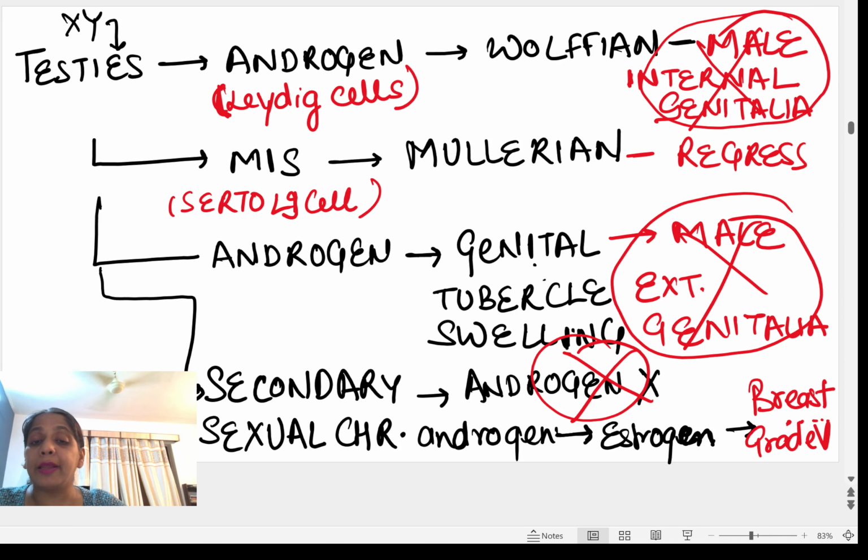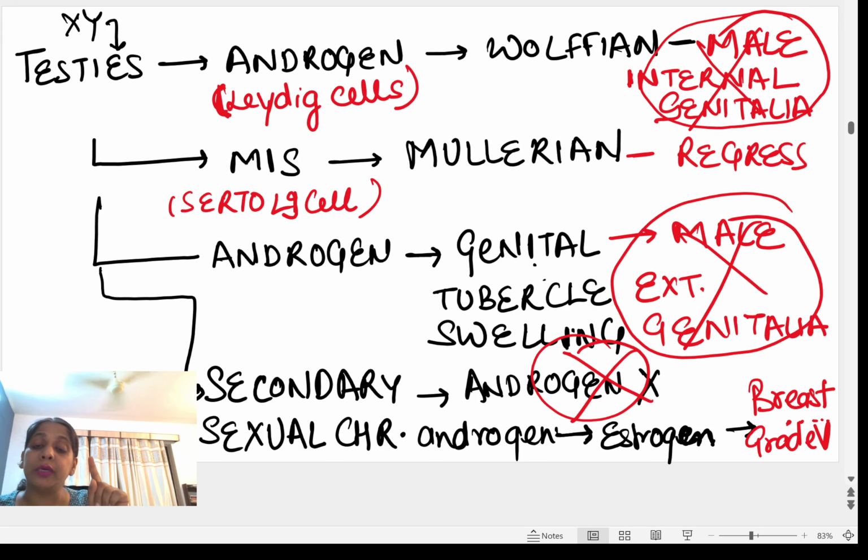Yes, because the androgen gets converted into estrogen with the help of an enzyme, and that estrogen can act. And because in males there is a lot of androgen, much more estrogen will be formed from the androgen, and a higher Tanner grade breast will be formed.